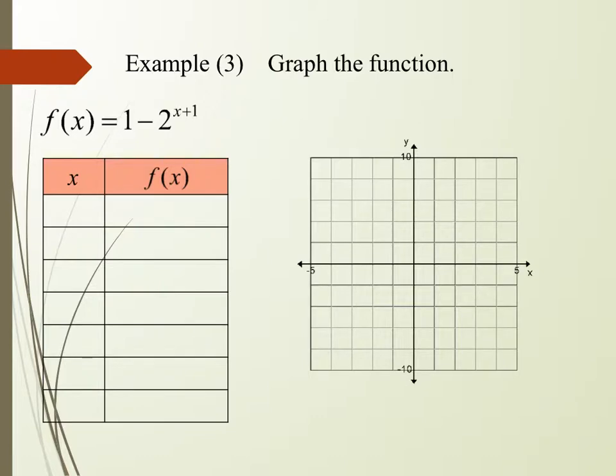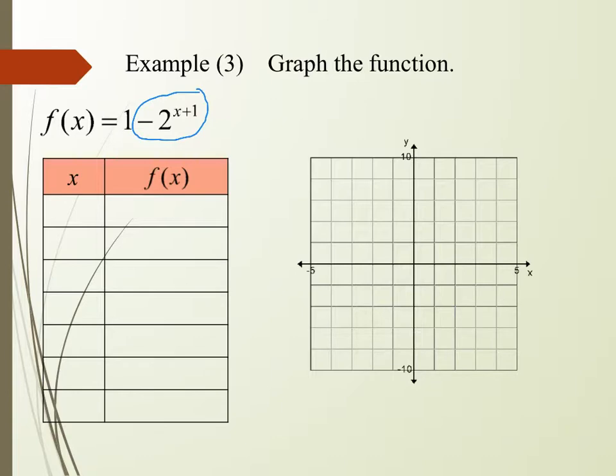So now we have things just a little bit more complicated. We have f of x is equal to 1 minus 2 raised to the x plus 1. Well, the first thing we notice is this negative 2 to the x plus 1.